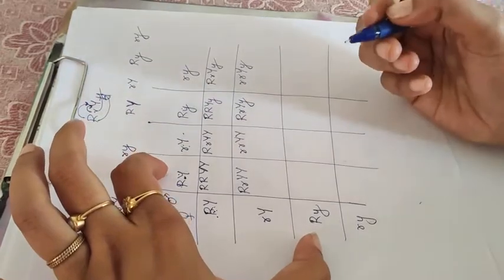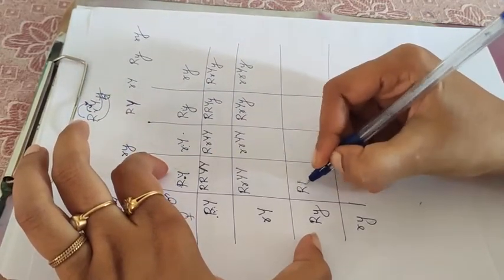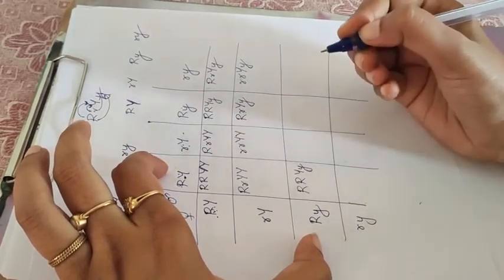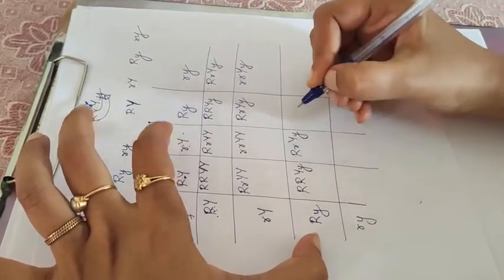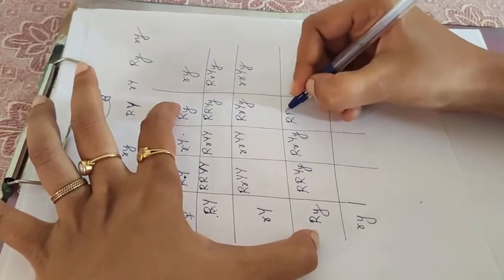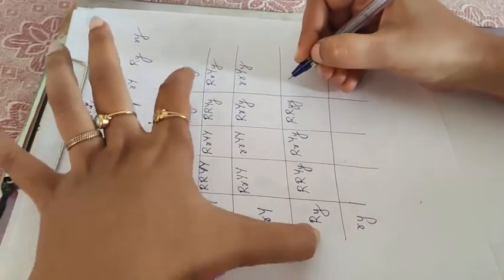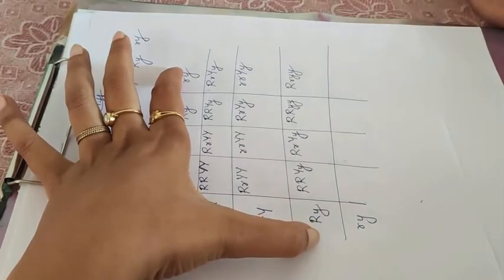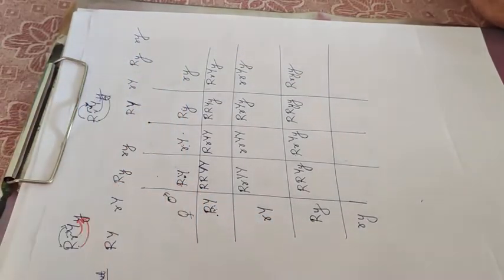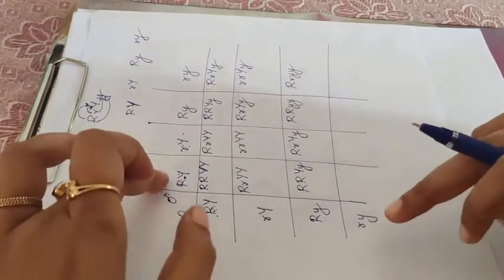Here these two, now these two, these two, now we'll move to the last one here, these and these.